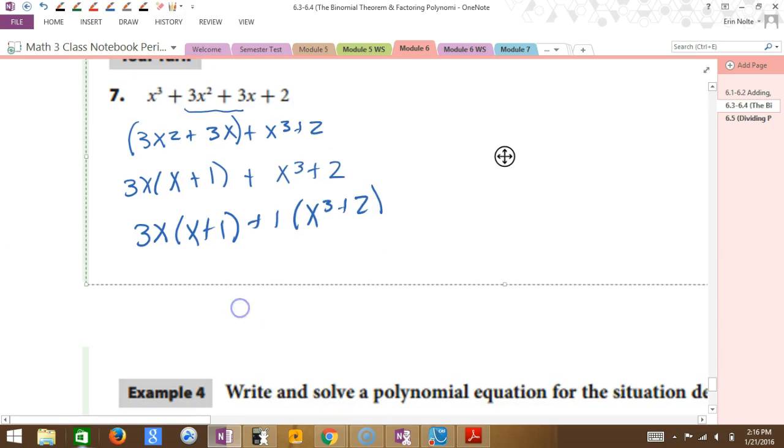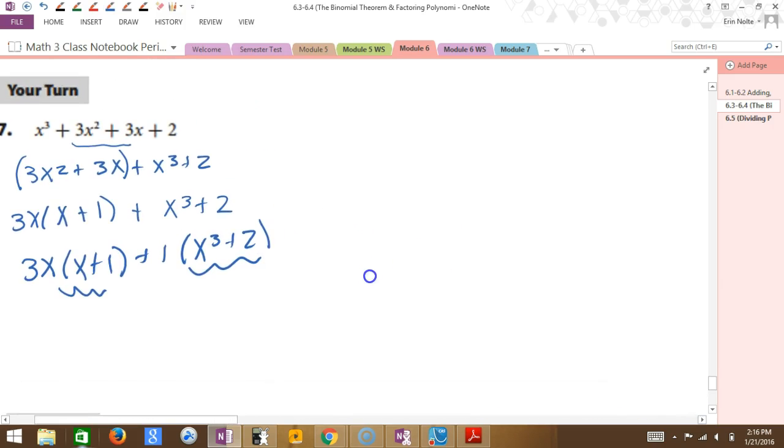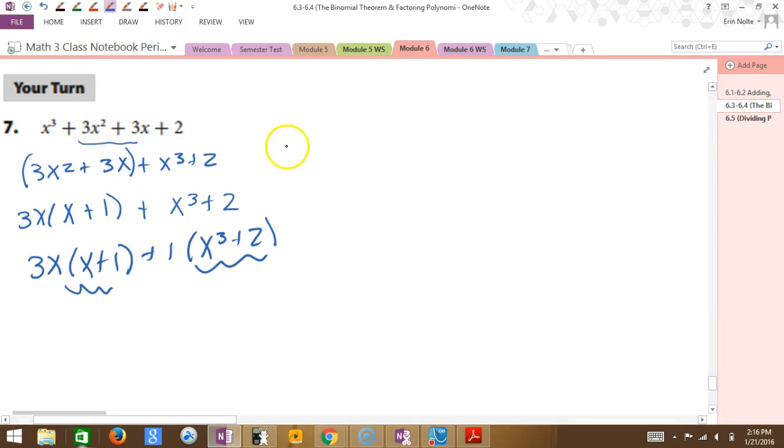So then that grouping thing only works when we have the same number inside of there. So do we have that same number? No. Let's try something else. So what was your original one, Alyssa? What did you say? Oh, okay. So let's try something else. Let's try taking an x out of this piece. So let's factor out an x squared out of this.